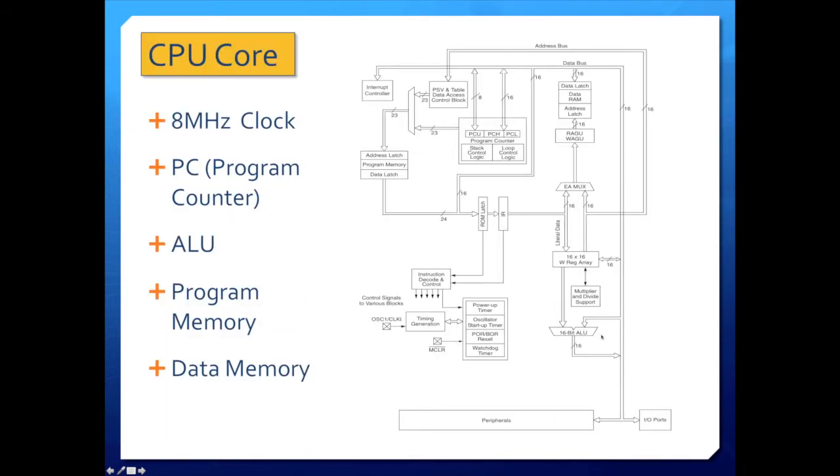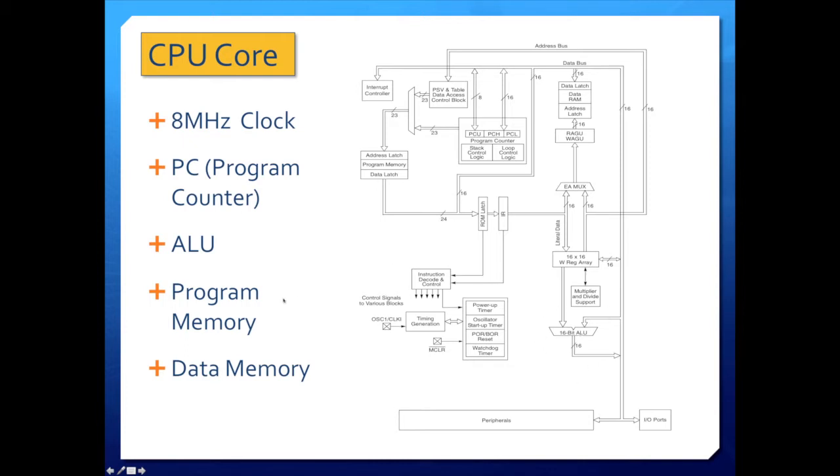If you look at this CPU core, there's a lot happening here, but just to break it down simply, we are using an internal clock on this PIC, which is operating at a speed of 8 megahertz. We have a program counter, which simply advances the program instructions, starting at the first one, to the next instruction. It keeps track of those. And the ALU, or the arithmetic logic unit, which is down here.